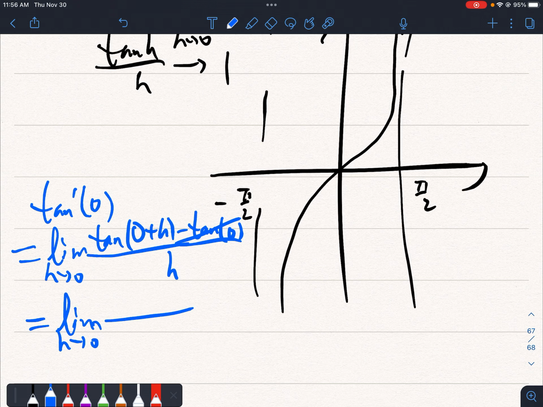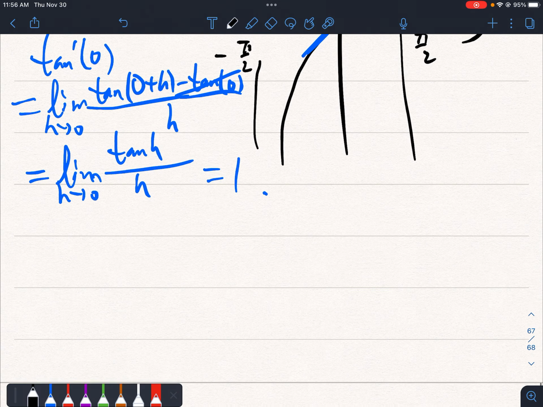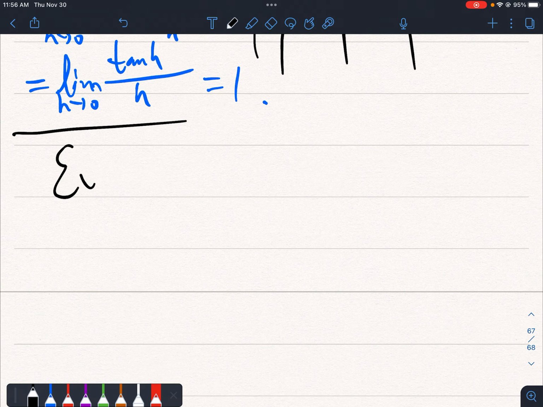And also we know that tangent of 0 is 0, so this disappears. So then the limit as h approaches 0 of tangent of h divided by h is clearly 1. So this means the slope of the tangent line should be 1.